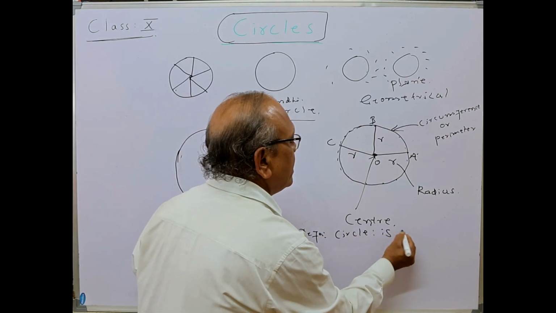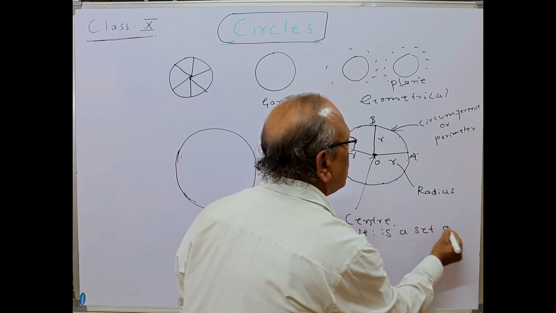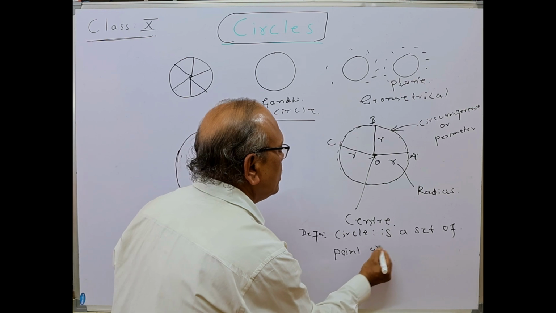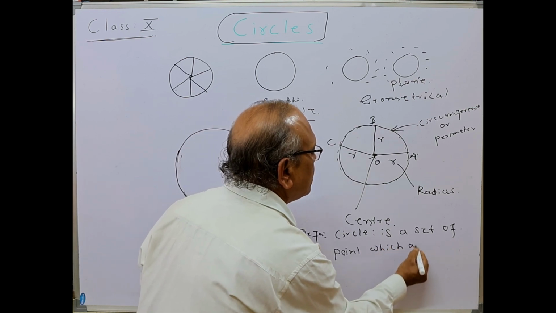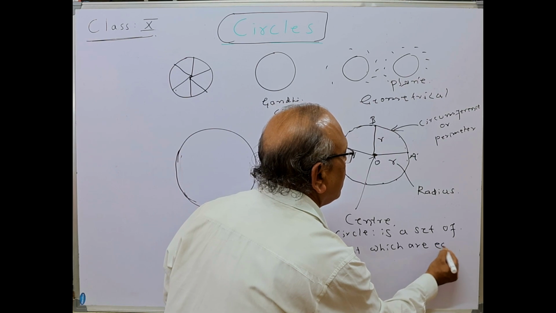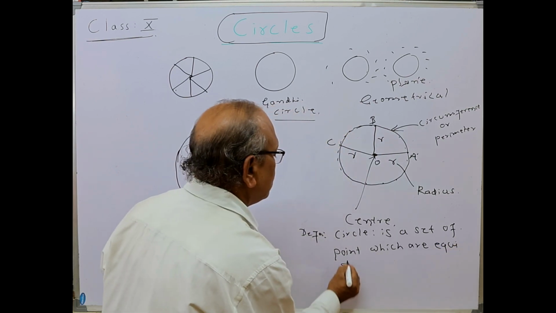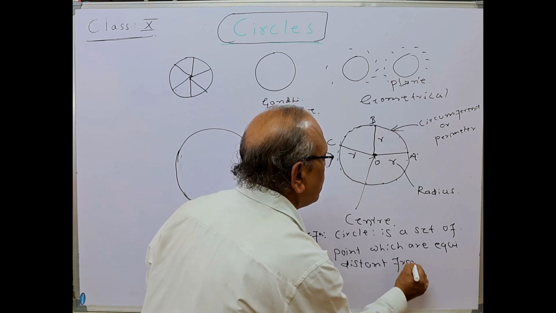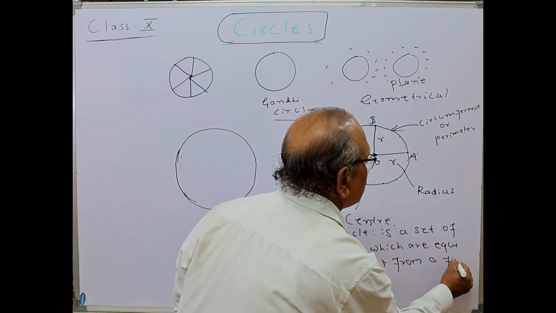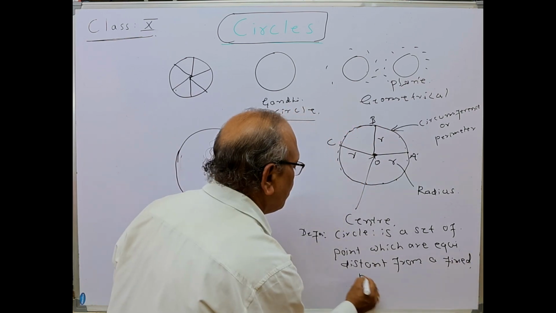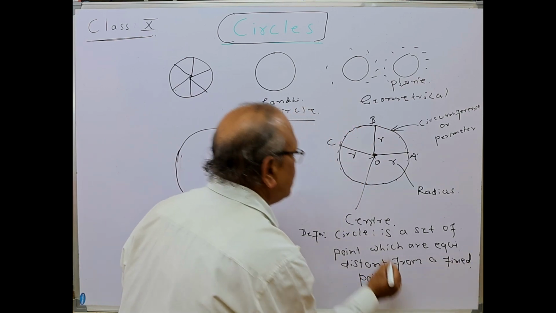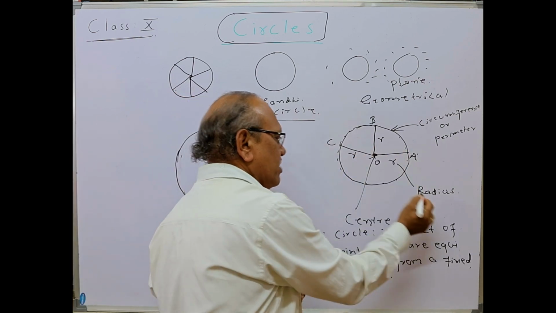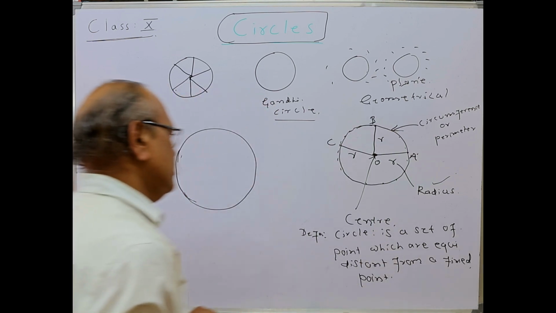Circle is a set of points which are equidistant from a fixed point. That fixed point we call the center, and the constant distance from the center to any point on the circumference we call the radius.